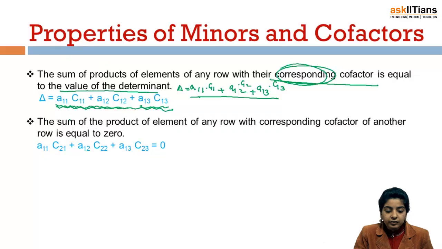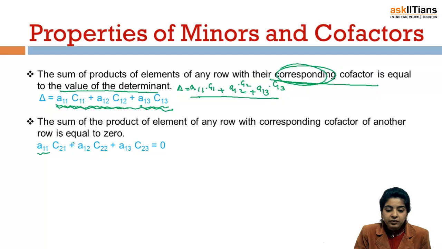The next property says the sum of the products of elements of any row with the corresponding cofactors of another row is equal to 0. Here we had the cofactors of a particular row multiplied by the corresponding elements of that particular row only.